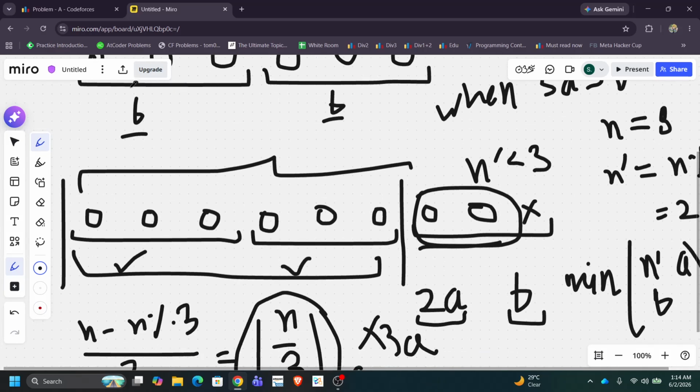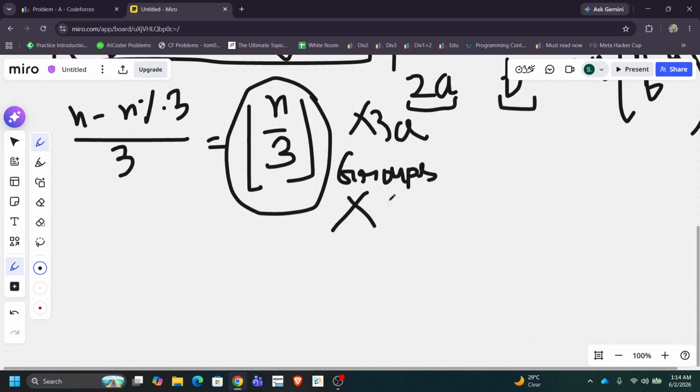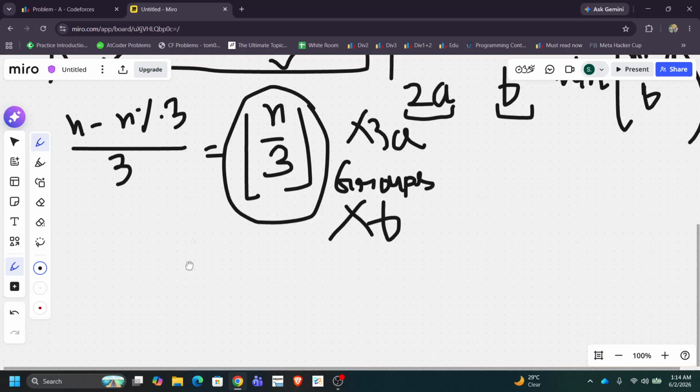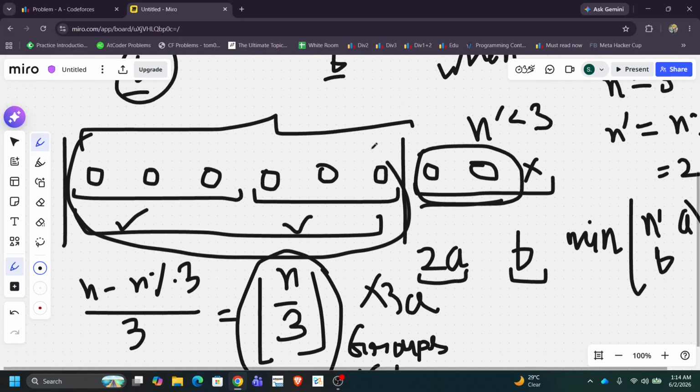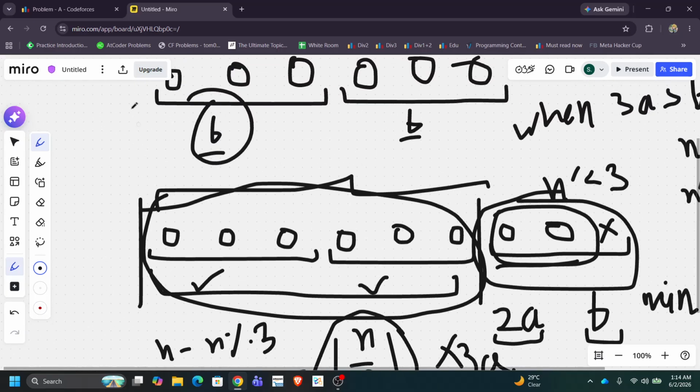If b is smaller, then we multiply by b. That's our whole solution. We calculate for this part, and we calculate for the remaining part, and we add them together. That's our minimum possible answer.